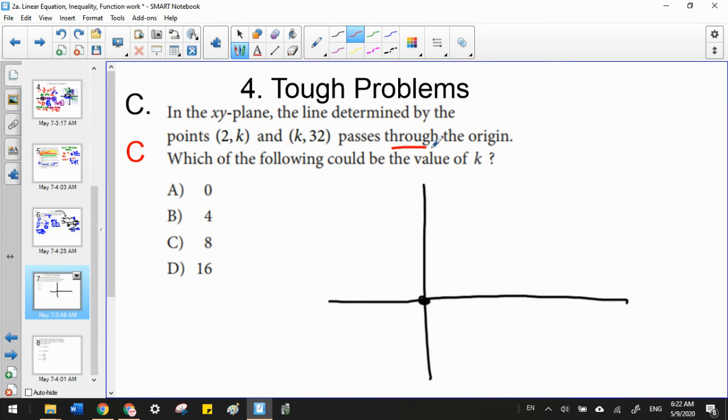They already told us that this thing goes through the origin. So then there's a point at (0, 0), which is vaguely helpful for us. And now at this point, you have 2 points happening. You have (2, k), and you have (k, 32).